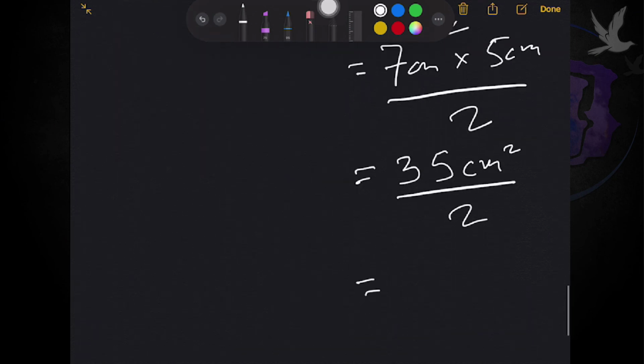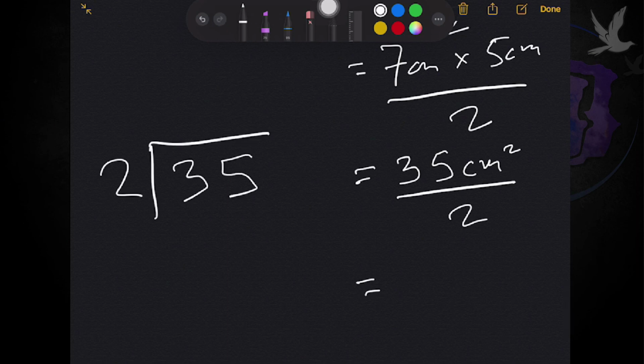So how do we solve this? 35 divided by 2. 3 divided by 2, if you remember the magic school bus.